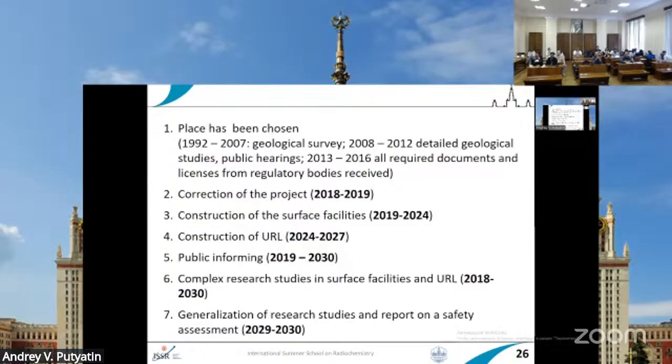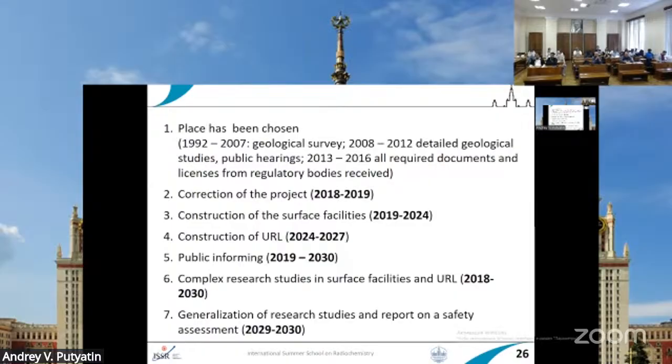When the underground research lab is finished, there will be a phase of investigation in these underground conditions, but there is already quite intensive investigation in the labs and surface facilities. So it doesn't mean that we just wait until the underground research lab is constructed.